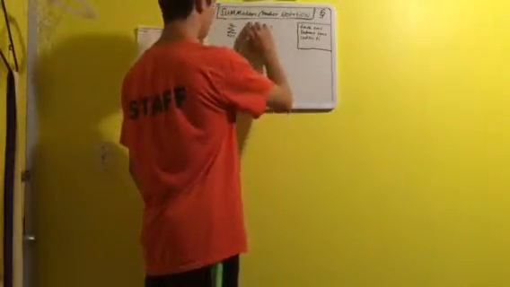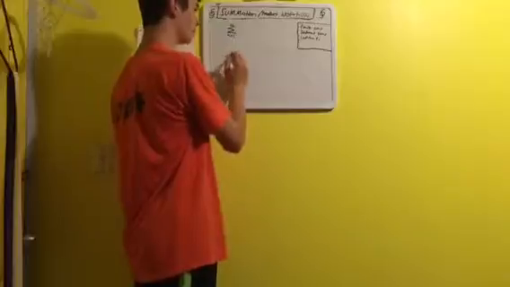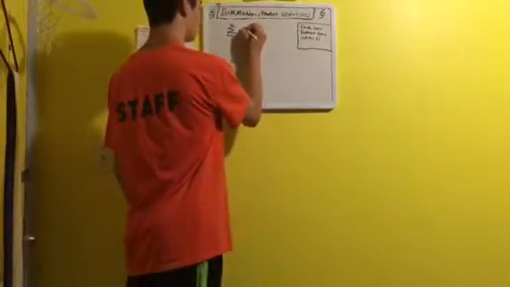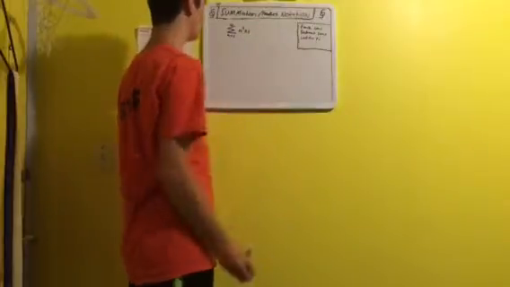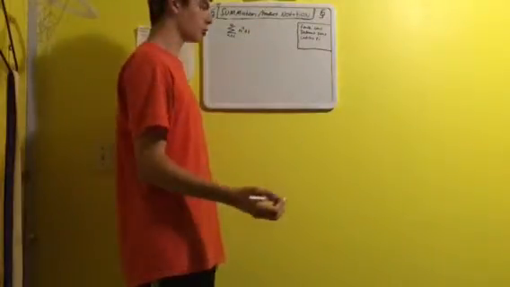So let's say we had this and we had n squared plus 1. So how would we go around solving that?